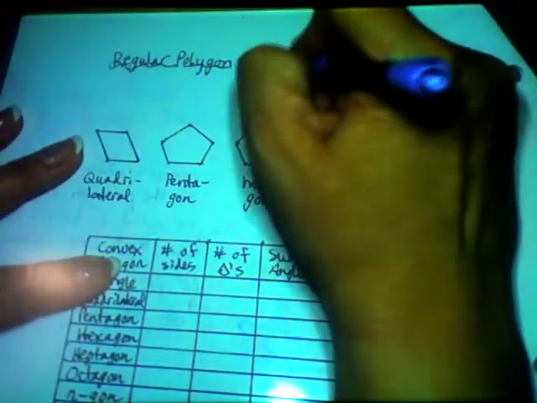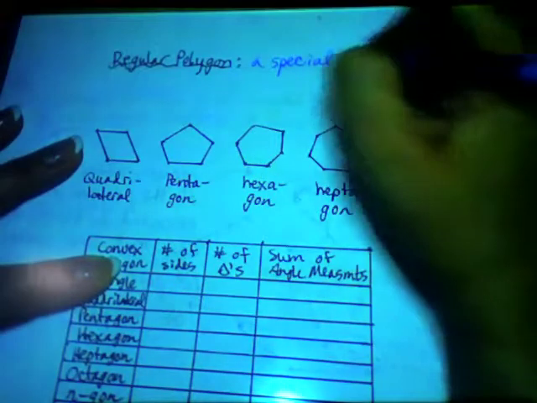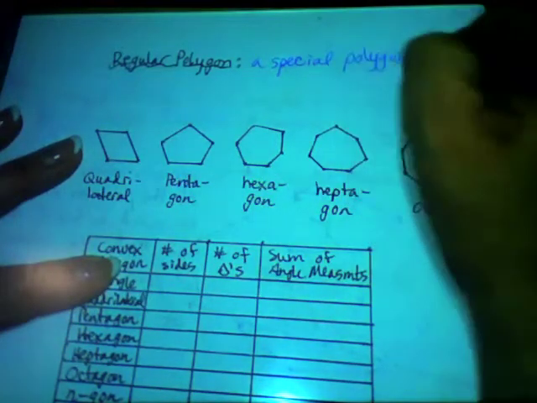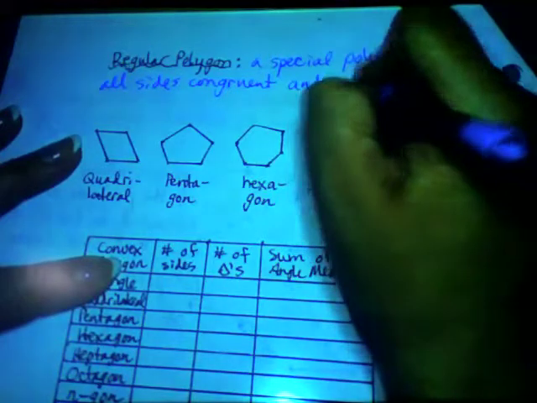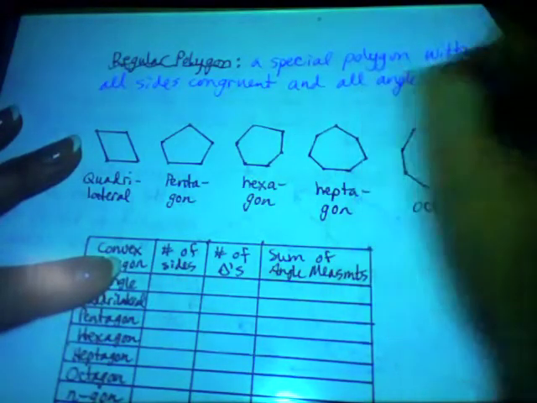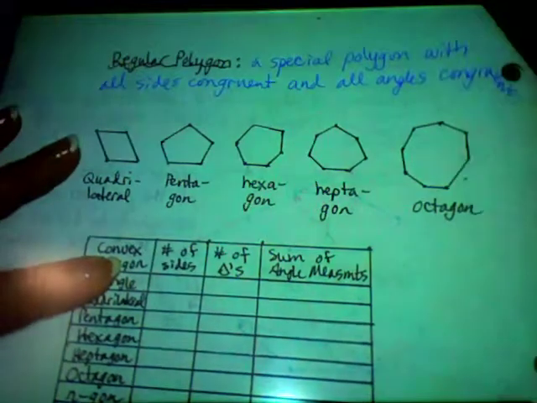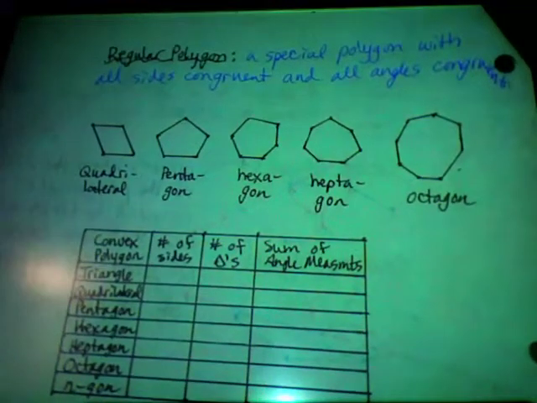So a regular polygon is a special polygon with all sides congruent and all angles congruent. So your sides are congruent and your angles are congruent.